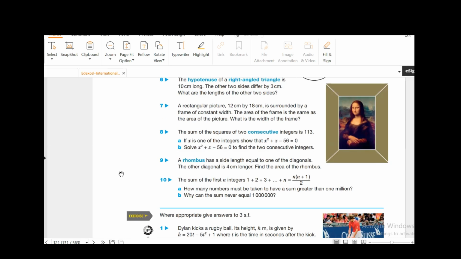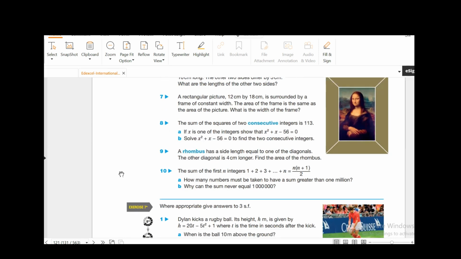We move on next. Our rectangular picture, 12 centimeters by 18 centimeters, is surrounded by a frame of a constant width, means the width is the same, and the area of the frame is the same as the area of the picture. So as you can see, if I extend the length here, let's suppose x, here also x, here also x, here also x.